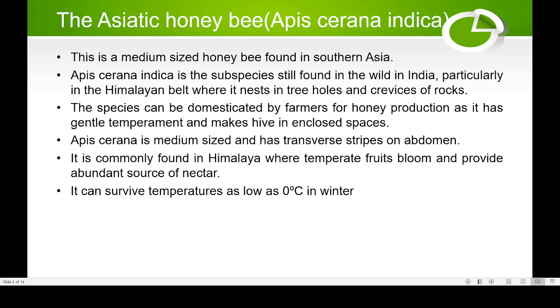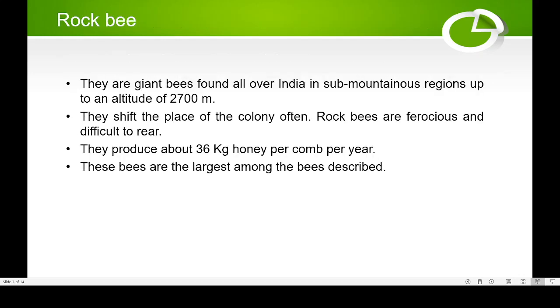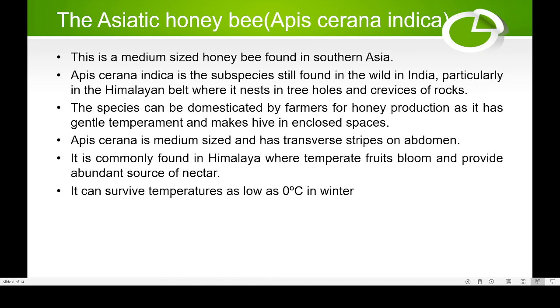This species can be domesticated by farmers for honey production because its temperament is not so aggressive. It is unlike the rock honeybee, which is very aggressive. This is not that aggressive.